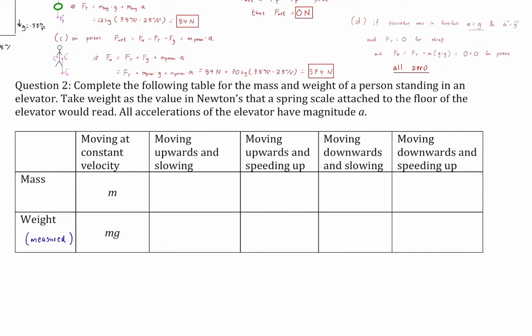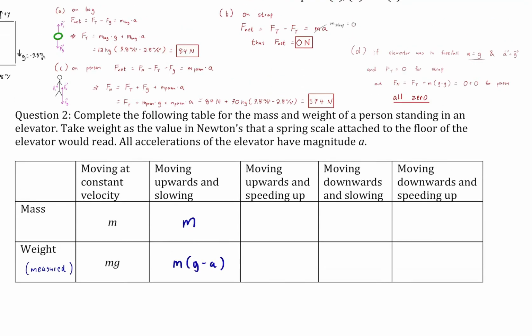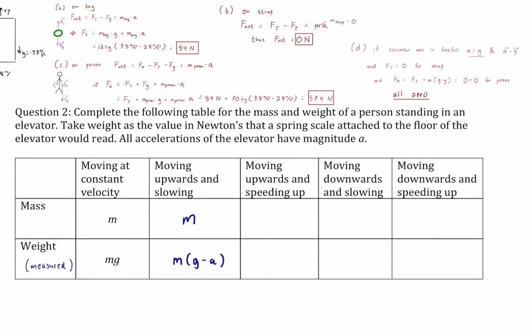All right, so now let's finally look at that first case, moving upwards and slowing. All right, well, mass is just mass, doesn't change. Okay? And the weight would be m times g minus a, because as we saw in example 3, you are lighter when the elevator is moving upwards and slowing. What about moving upwards and speeding up? Okay, well, that's where you're getting pushed into the floor because of your own inertia. And you can think of this in terms of Newton's first law too, because you, as an object with mass, want to continue in motion at whatever state you're in.